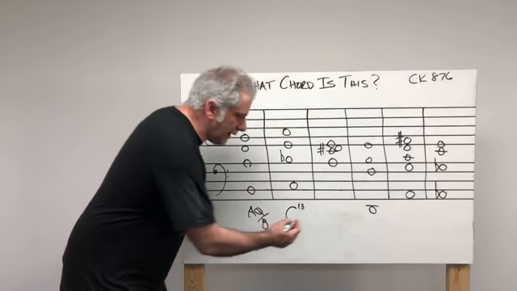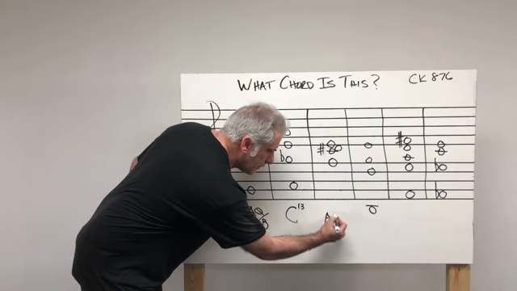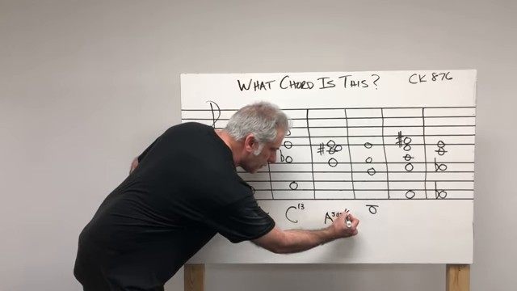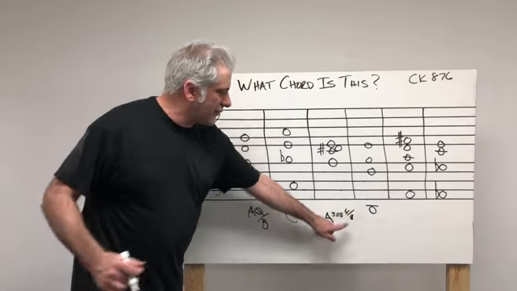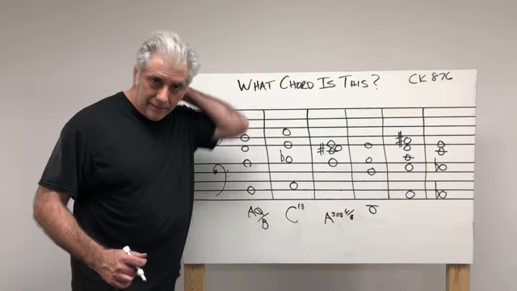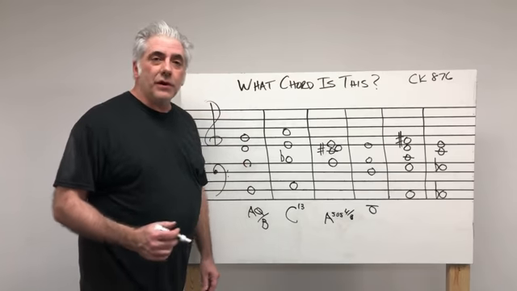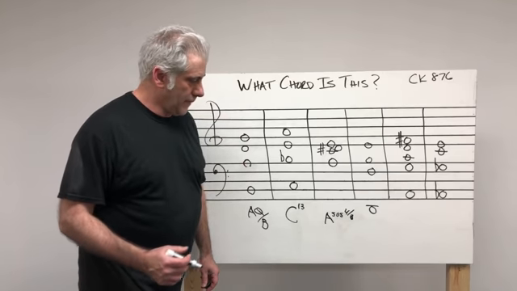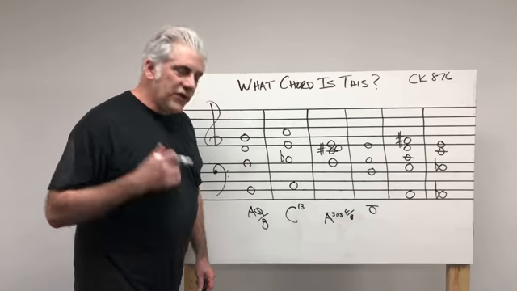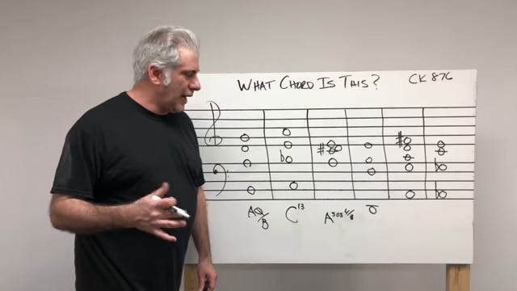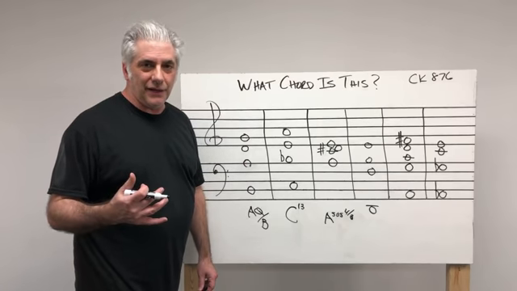I will say it's either an A sus 4, 3, meaning it's got the sus 4 and the major third in it. You could also write A major add 4. Okay? The reason I don't do that is because I don't want to spell major out necessarily.